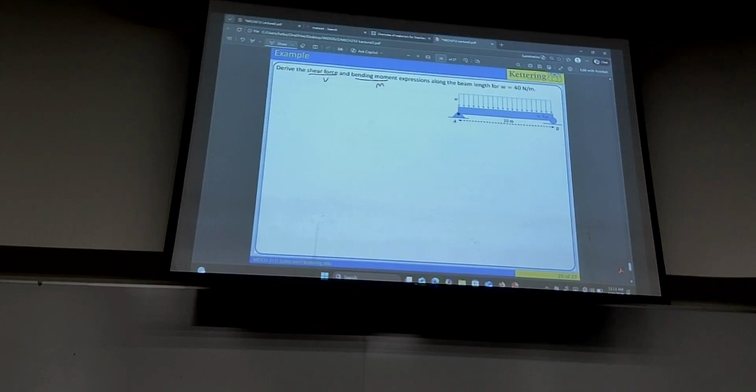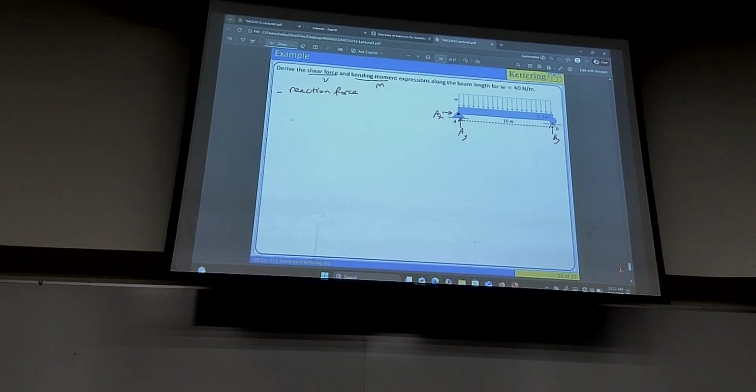All right, so how do we do that? First, reaction force. Only one of them, like the previous example. We know that A is a pin, so it has AY, and B is a roller, so BY.